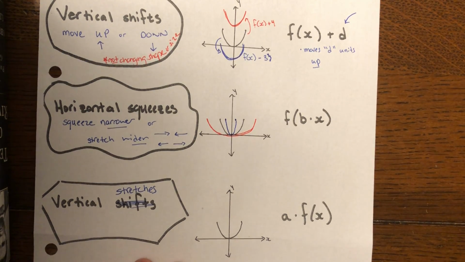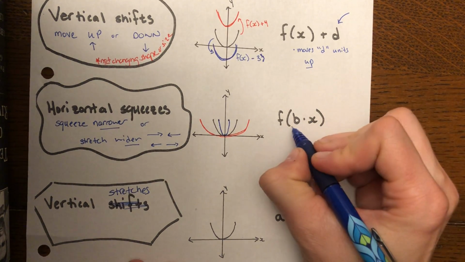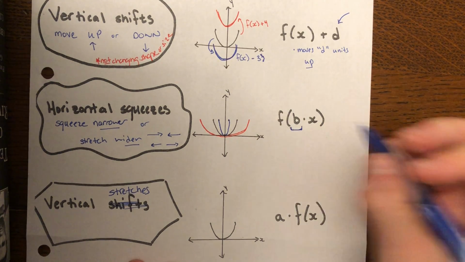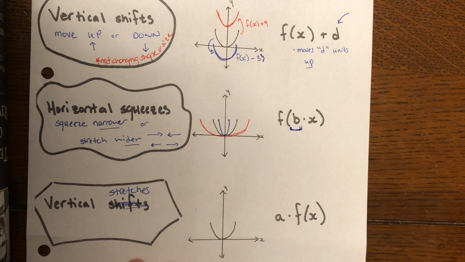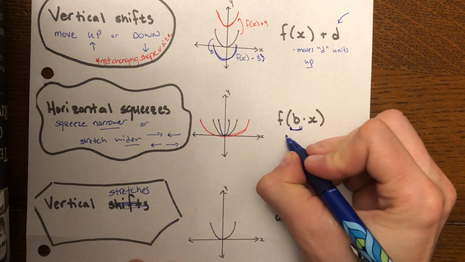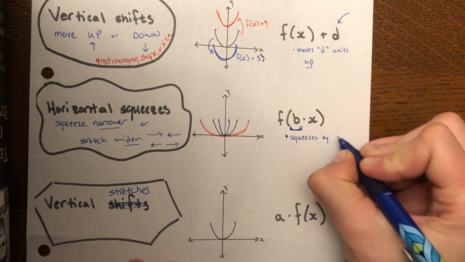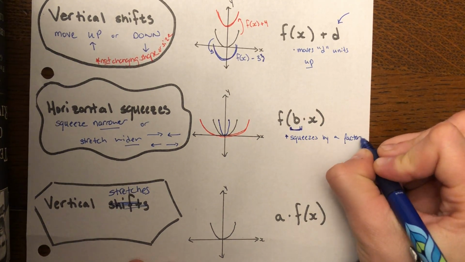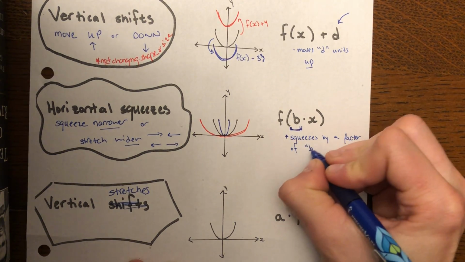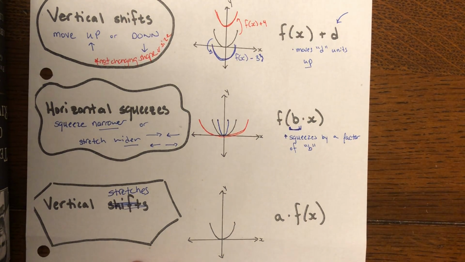So we say we multiply inside by our input. So this b is the thing that gives us a horizontal squeeze, and what it does is it squeezes by a factor of b.